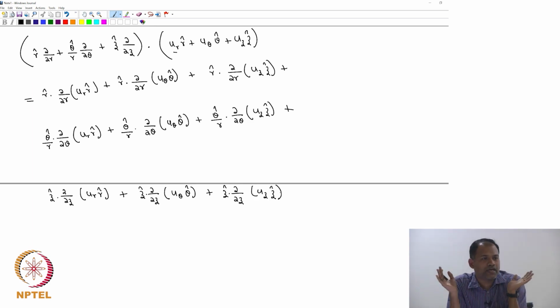Right, I just expanded, wrote down all the terms, and let's look at each of the terms now.